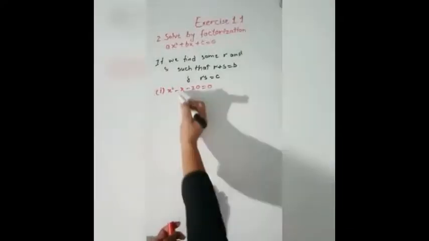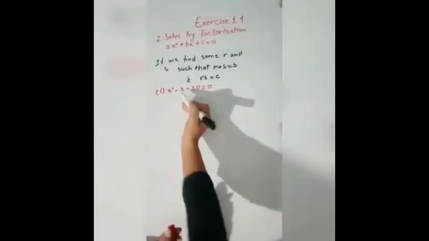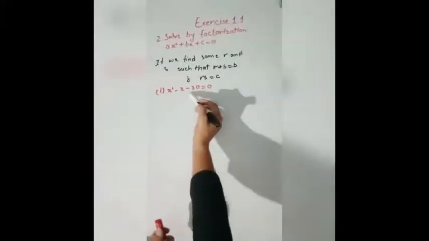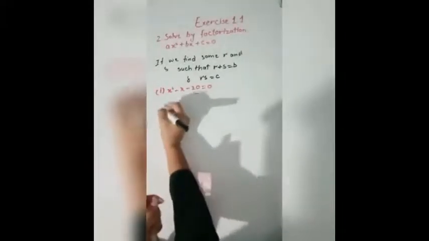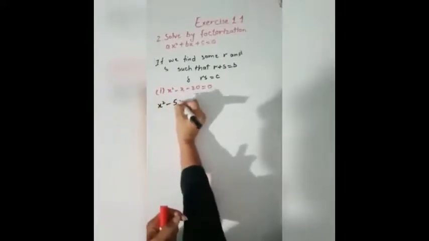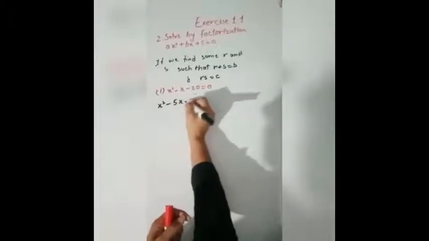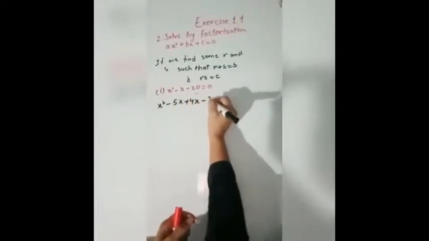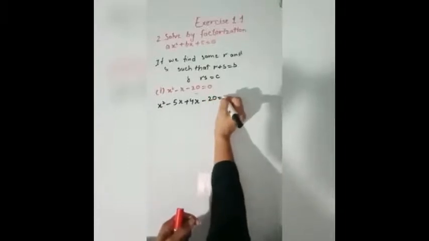Question 1 is x square minus x minus 20 is equal to 0. We have to find some R and S such that R plus S is equal to this, means minus 1, and the multiplication of R and S gives minus 20. So here x square minus 5x plus 4x minus 20 is equal to 0.